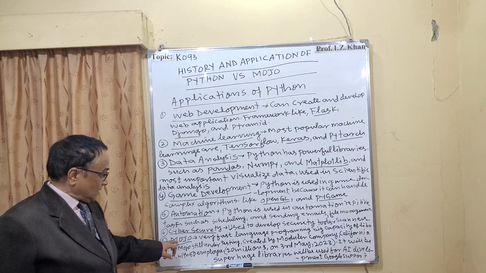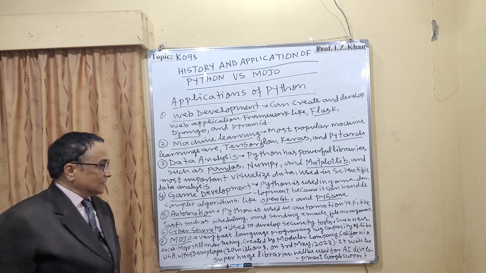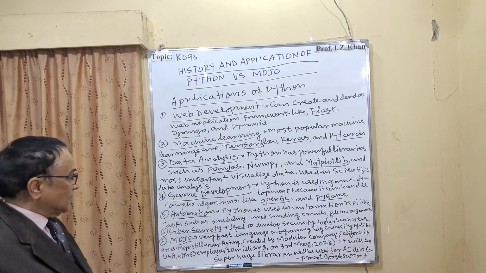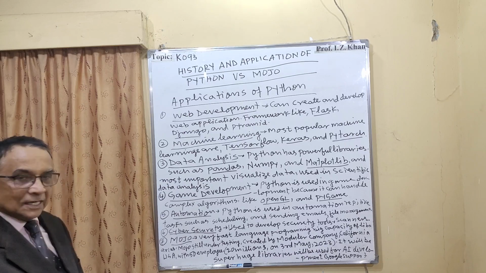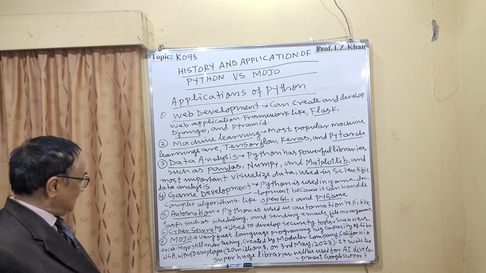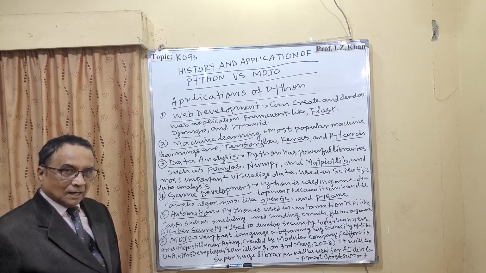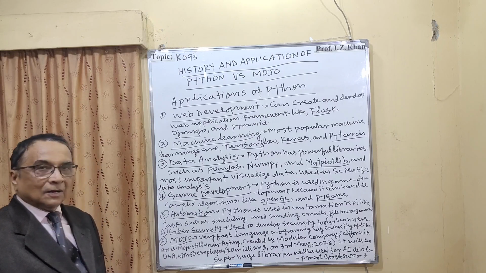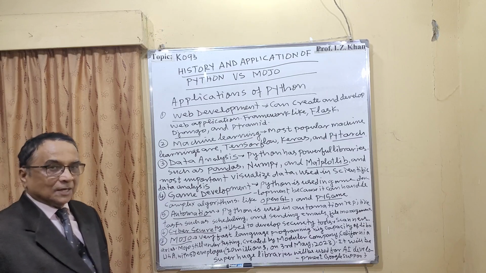But still MOJO is under testing, and that is the company's capacity of libraries. MOJO is created by Modular company in California, USA, with 50 employees and $20 million backing, on 3rd of May 2023, and Google is also one of the shareholders.